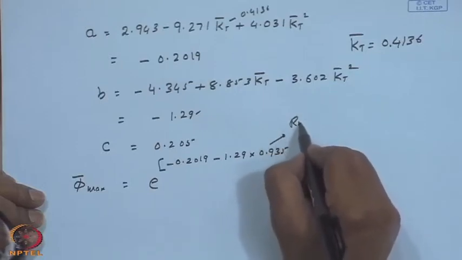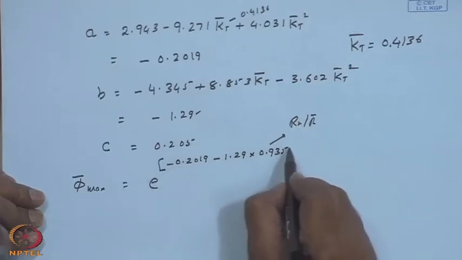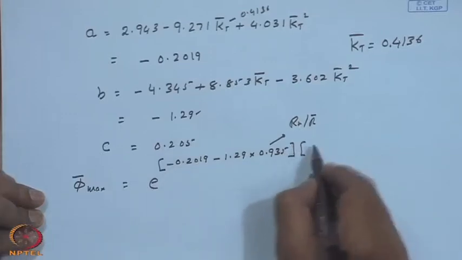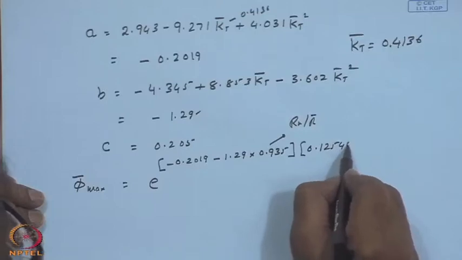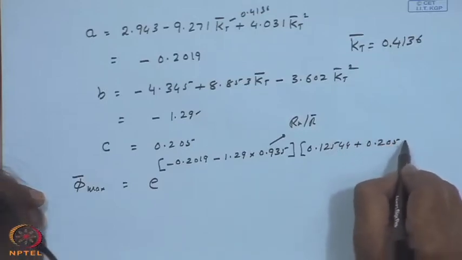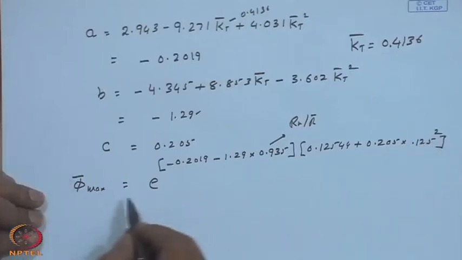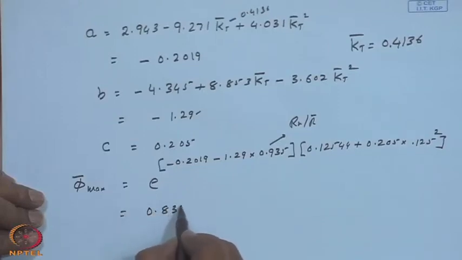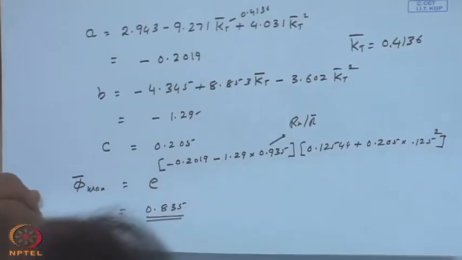This is Rn by R bar, which is 1 by R bar by Rn, which we have calculated earlier, times Xc bar 0.12544 plus 0.205 into 0.125 square. So, this will be 0.835. So, the utilizability is pretty high, right.